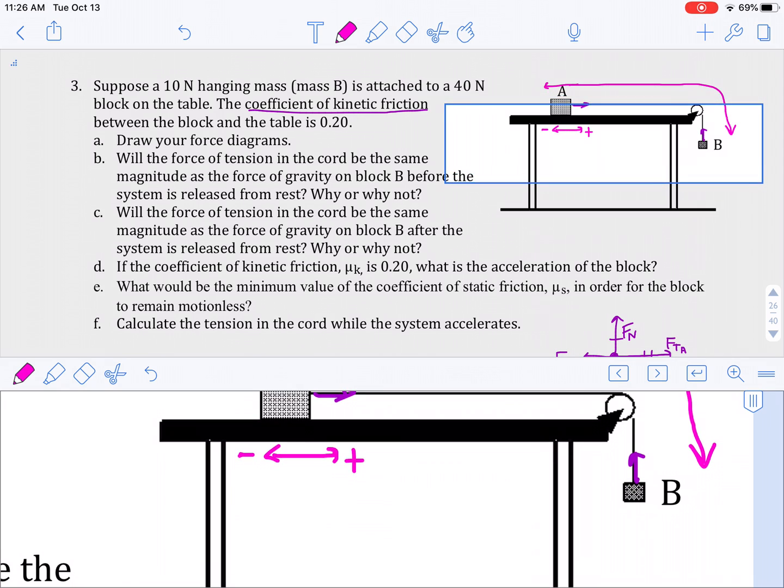For B, any force that goes down is positive, and any force that goes up is negative. The negative direction for these two masses is the direction opposite of the direction that object is going to accelerate.